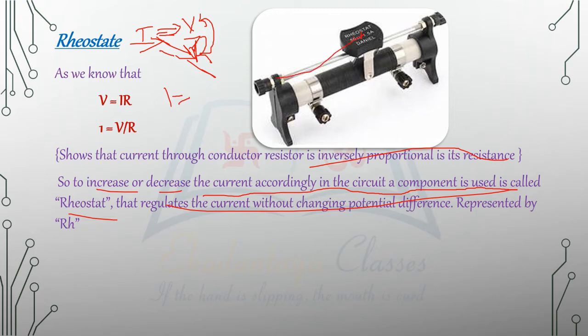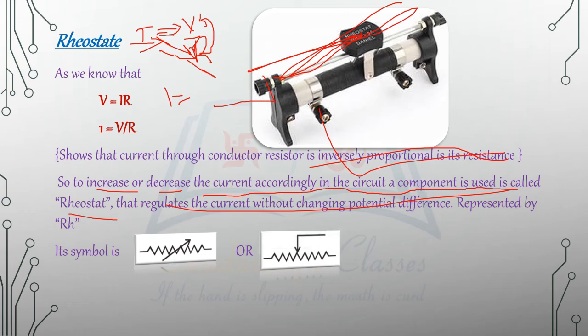You can push it from here to here or from here to here. It is movable. One wire is connected here and another wire is connected here. It regulates the current without changing the potential difference. It is represented by RH. I showed its symbols.